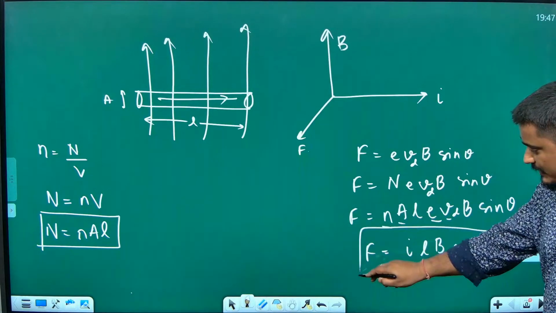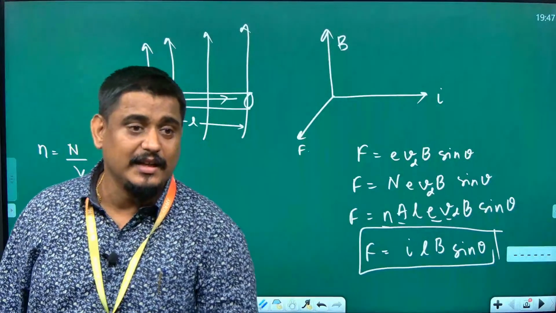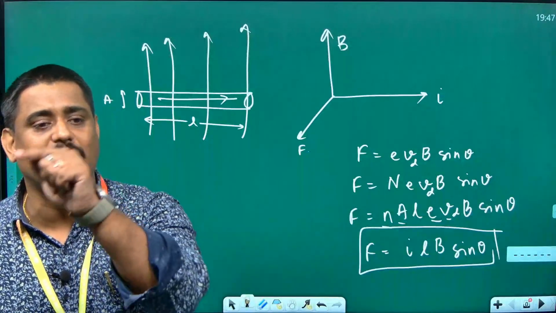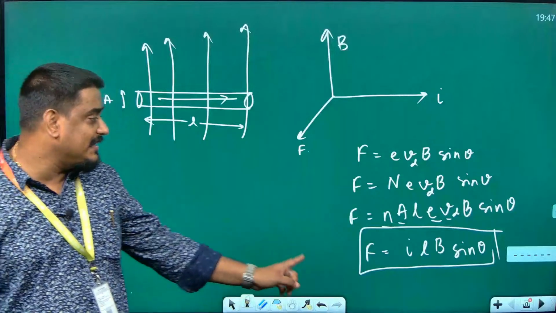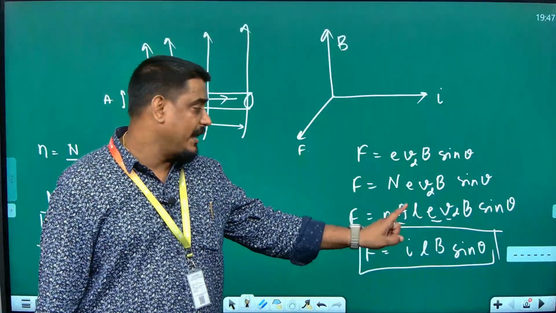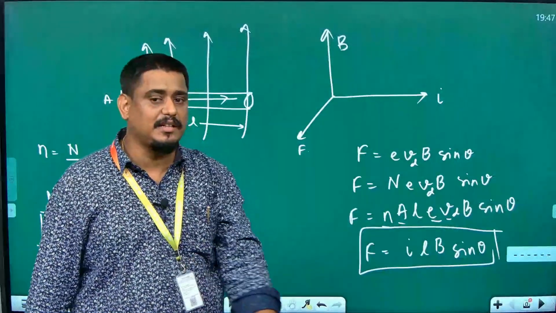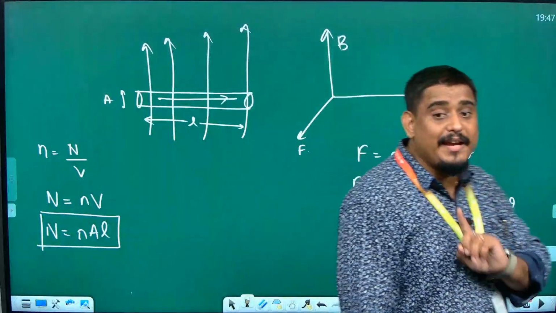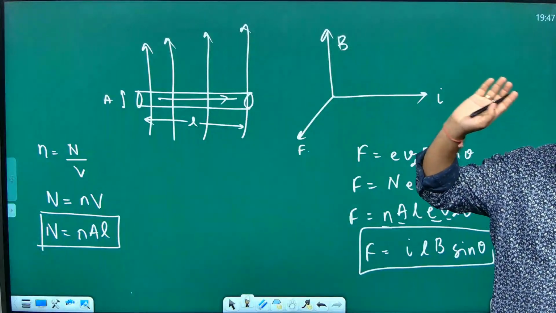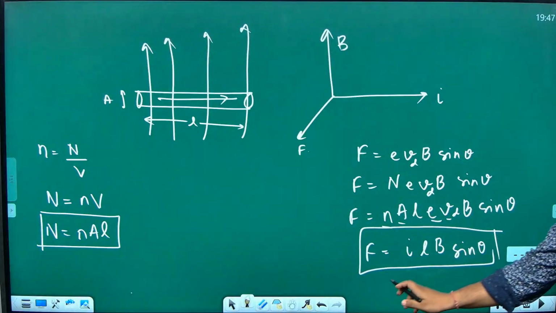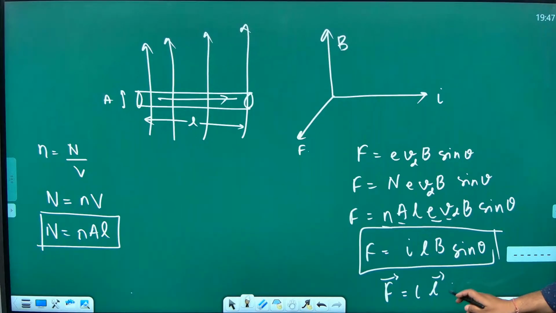Always remember that if a current carrying conductor is kept in a magnetic field, the force acting on it is I L B sine theta, where I is the current carried by the conductor, L is the length of the conductor, B is the magnetic field acting on the conductor, and theta is the angle between the direction of current and the magnetic field. In vector form, F vector equals I into L vector cross B vector.